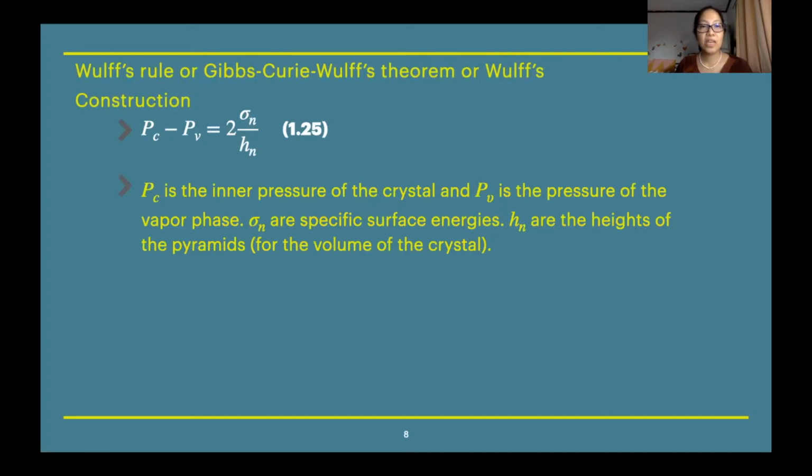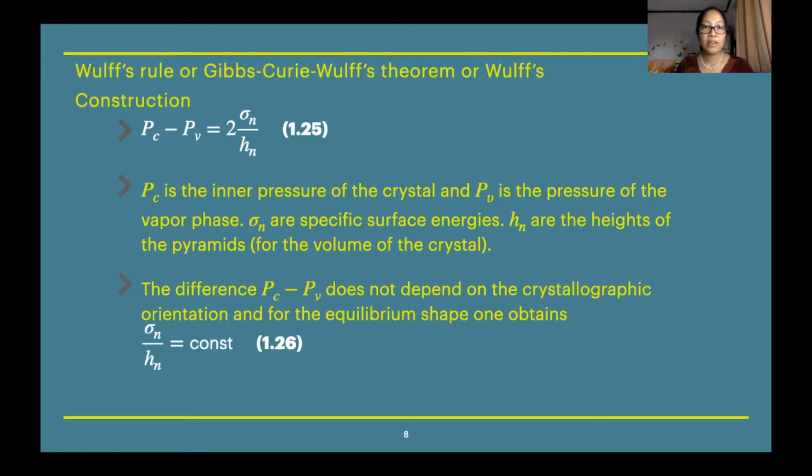Again, P sub c is the inner pressure of the crystal. P sub v is the pressure of the vapor phase. The difference in the pressures does not depend on the crystallographic orientation.